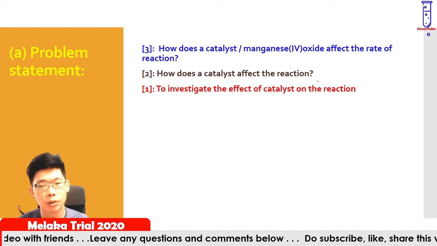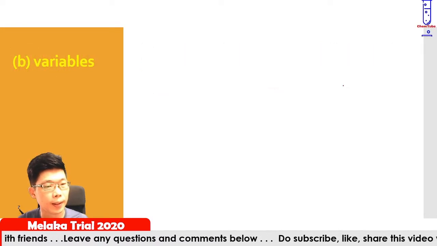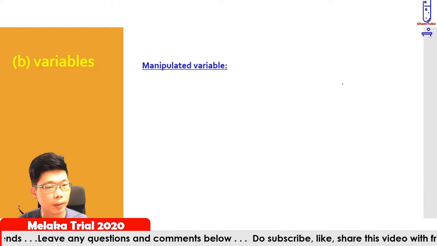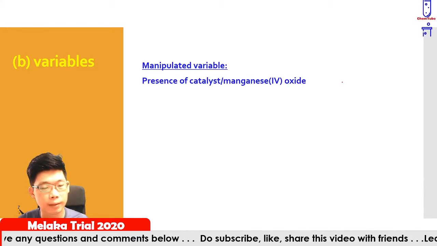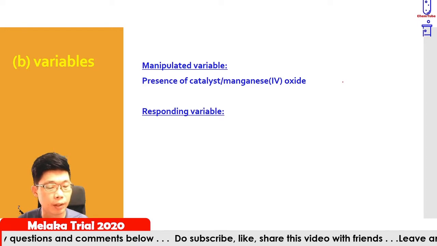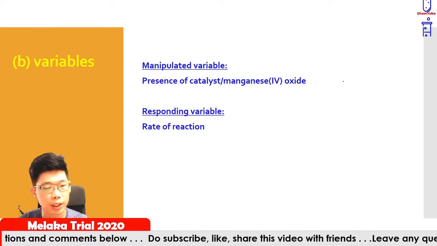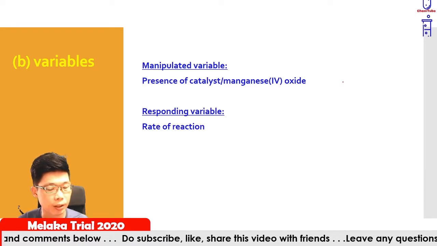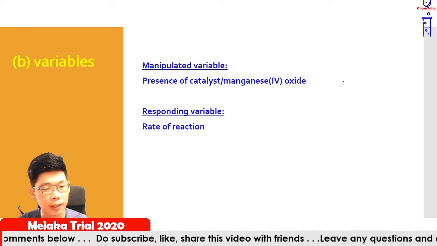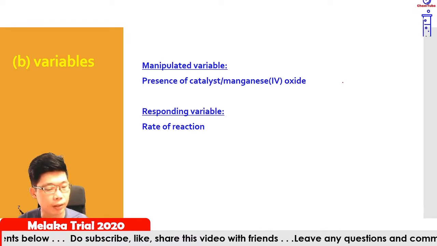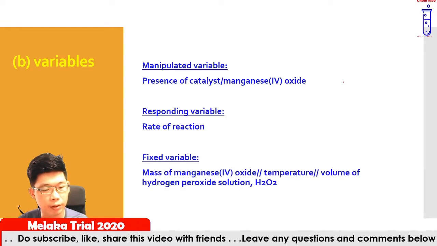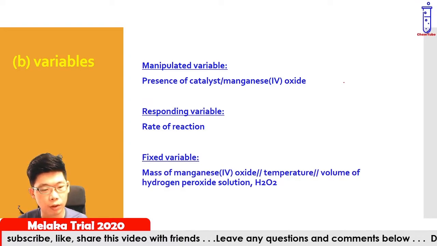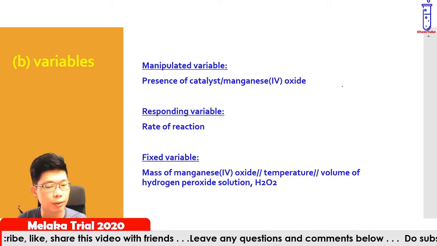Next, variables. Manipulated variable: presence of catalyst, or presence of manganese oxide. Responding variable: rate of reaction, so just write rate of reaction, or you can write decomposition rate of hydrogen peroxide. Fixed variable: mass of the manganese oxide used, or temperature, or volume of hydrogen peroxide used.